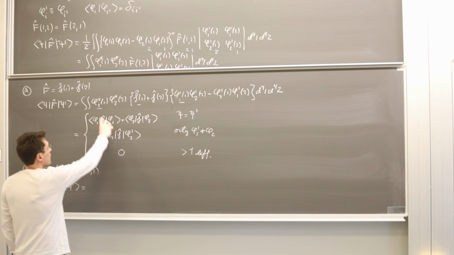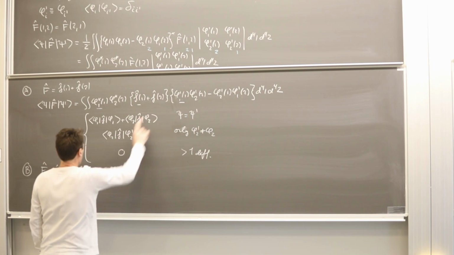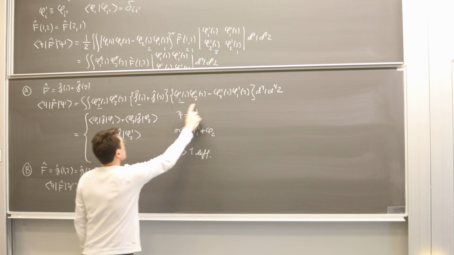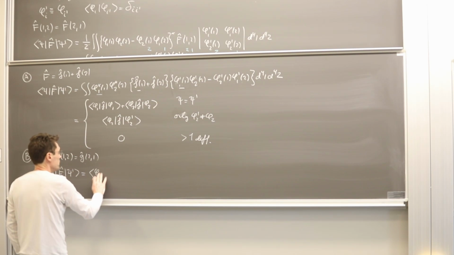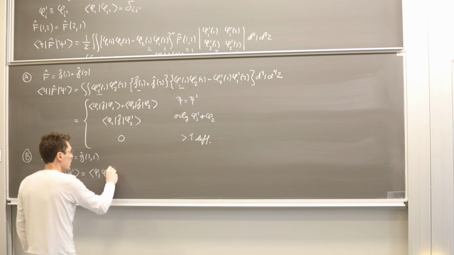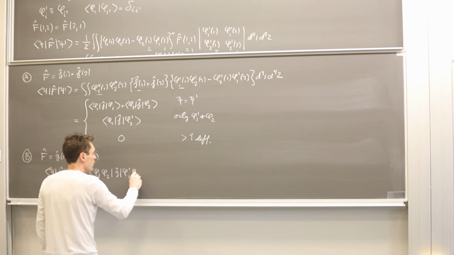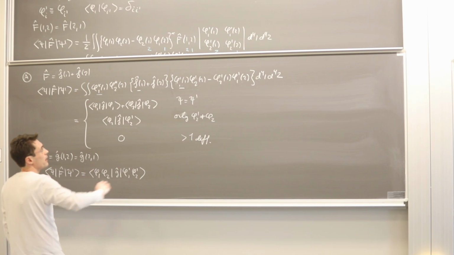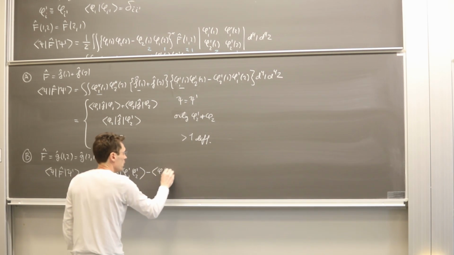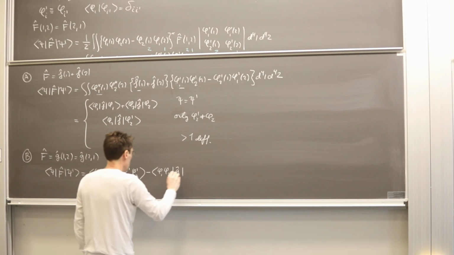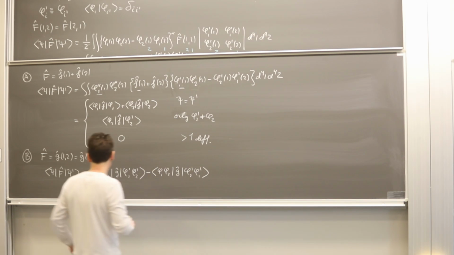So I get a term analogous to this part times my operator, which is now this, and then this term. And I will write that as phi 1, phi 2, g, and here phi 1 prime, phi 2 prime. And then there's the second term with the minus, phi 1, phi 2, g, phi 2 prime, phi 1 prime.